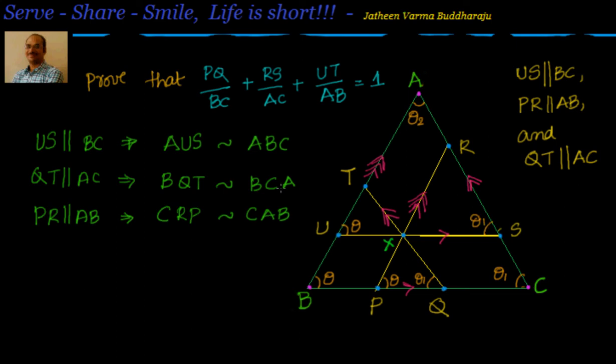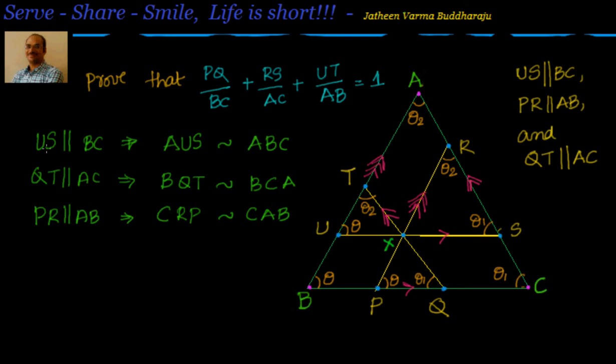We can also say that if angle BAC is theta 2, then angle PRS is also theta 2. That's good. We were left with the angle UTQ. What is the angle UTQ? That is nothing but equal to angle BAC because QT and AC are parallel lines. So this is nothing but theta 2.